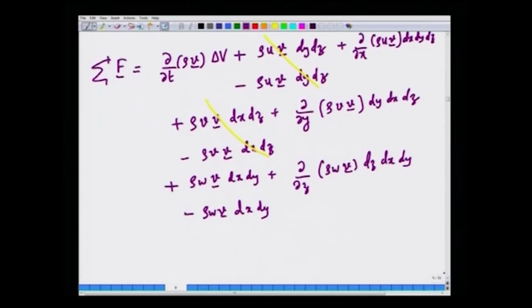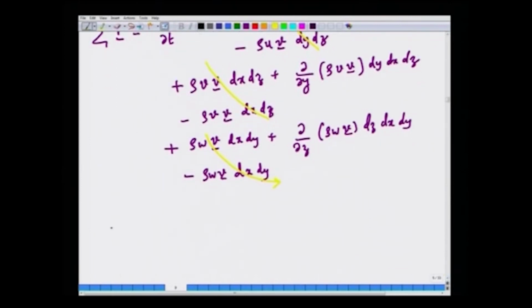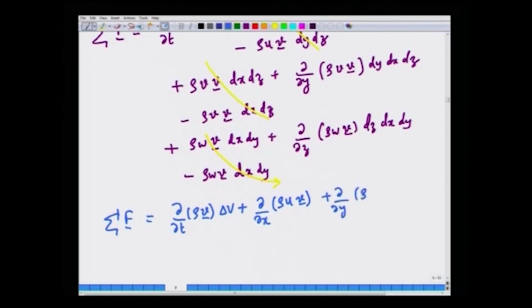So, these two terms will cancel, leaving us with the following simplified equation: the sum of all the forces acting on the control volume is d dt of rho v times delta v plus d dx of rho u v times delta v. I can take delta v common, plus d dy of rho v v plus d dz of rho w v.